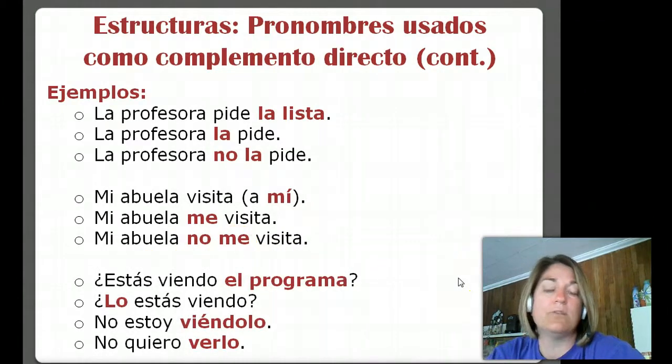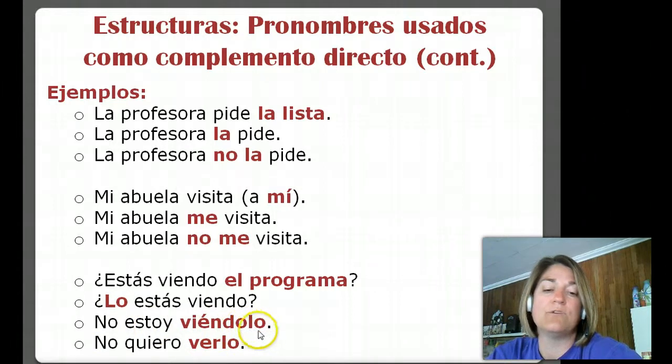¿Estás viendo el programa? Are you watching the program? So we could replace el programa with its direct object pronoun, which is lo, and call it it. Lo estás viendo, which means, are you watching it? No estoy viéndolo. I am not watching it.